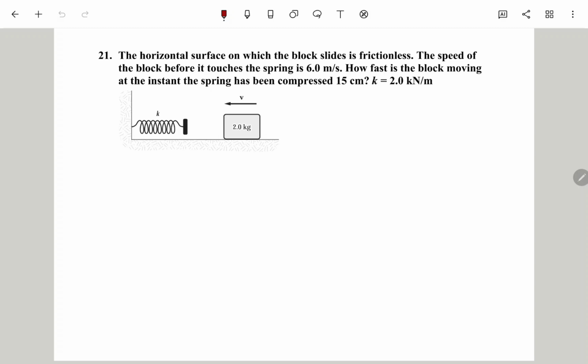Now work total, again, this is the most important equation we have. Work total equals delta K, and we only have here work done by the spring, nothing else, so it equals half V final squared minus half V initial squared.